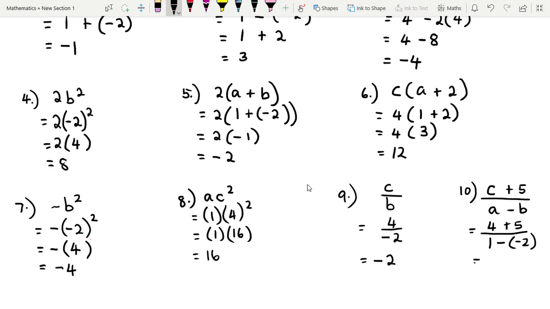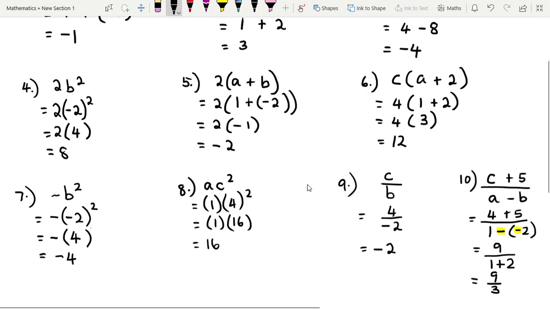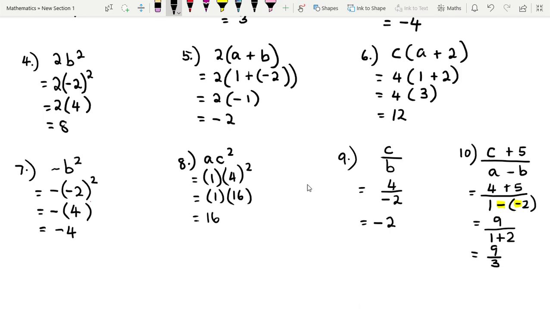Okay, so here we're going to go 4 plus 5, 9 over 1 minus a negative times a negative. So we're looking at negative here times your negative, and that would give you a positive, plus 2, and 9 divided by 3 would give me 3.